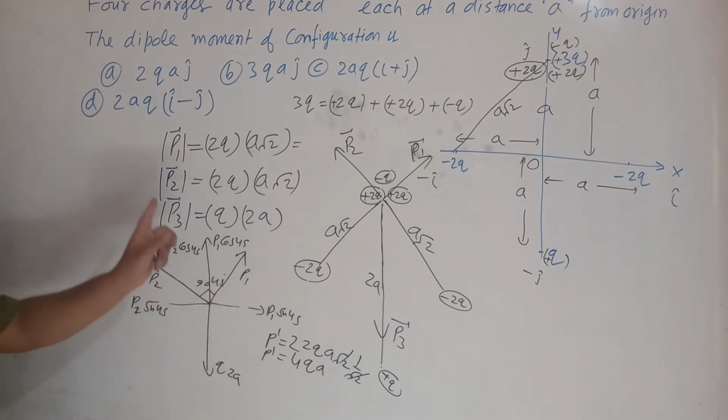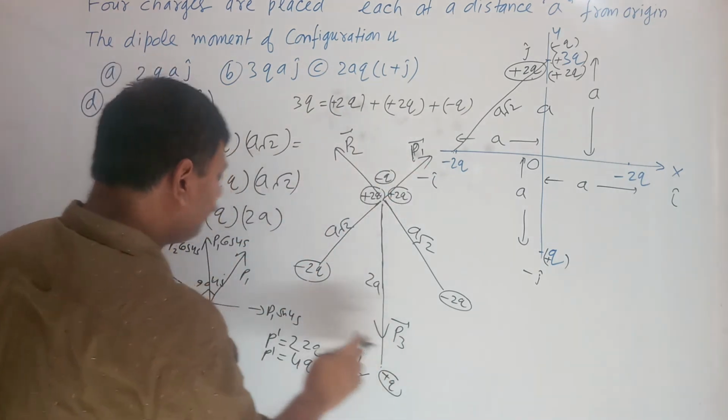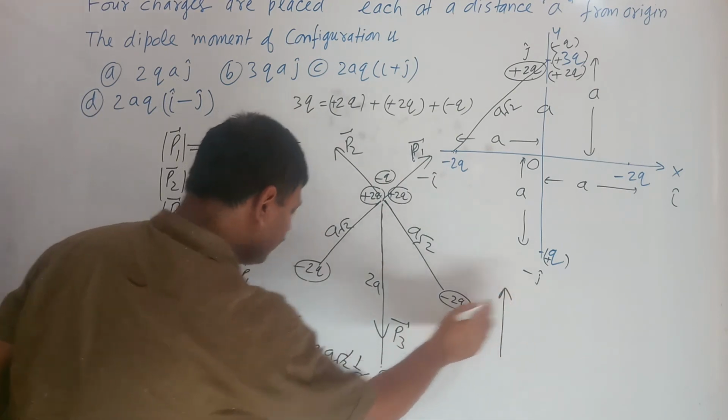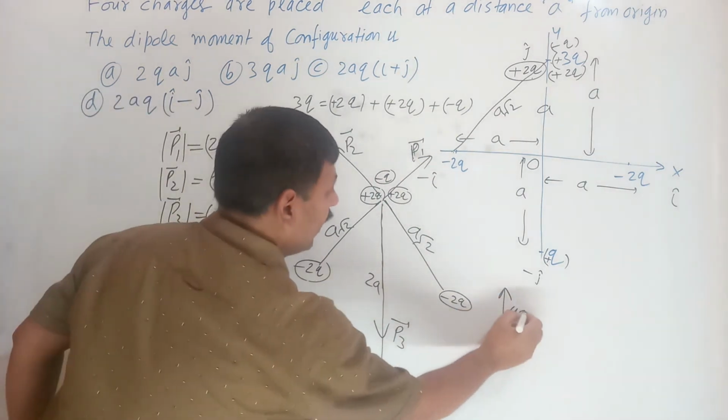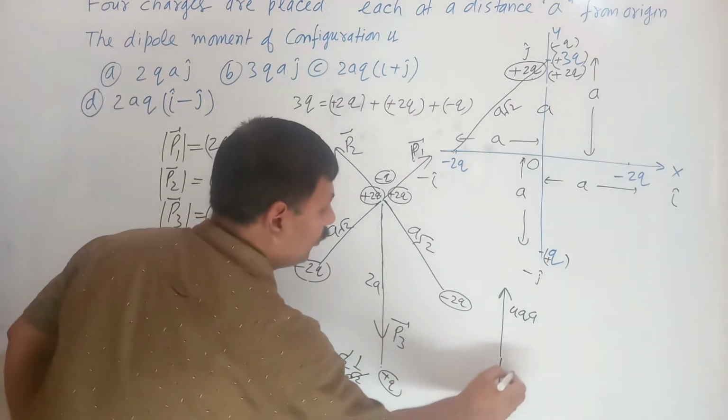And downward is q into 2a. So we have seen p1, p2 and p3. The resultant upward is 4qa, and downward is q into 2a.